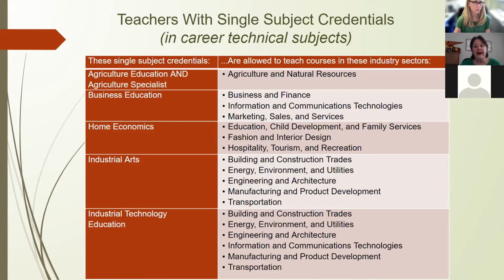Therefore, we did not have them apply for a designated subject CTE credential. You can go that way. Some school districts, though, don't want to do that. And so they go ahead and send their single subject teachers to us, and they say, we want you to get the additional credential. Here's how you do that.